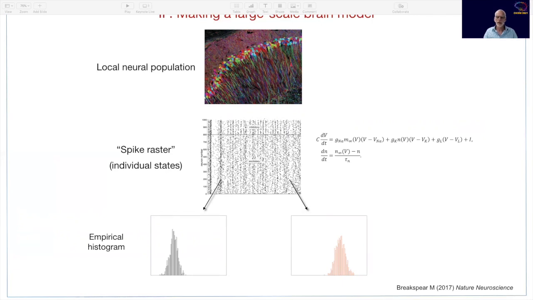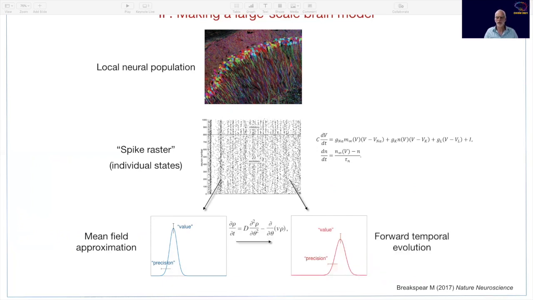Now, the key thing is a reduction of the actual histogram of states to a simple probability distribution, and in this case, the normal probability distribution. This is called a mean field approximation. And so we're getting rid of all these states, and we're just going to model the mean and the variance, or the value of this population and the precision of that value, if you're thinking in terms of representations.